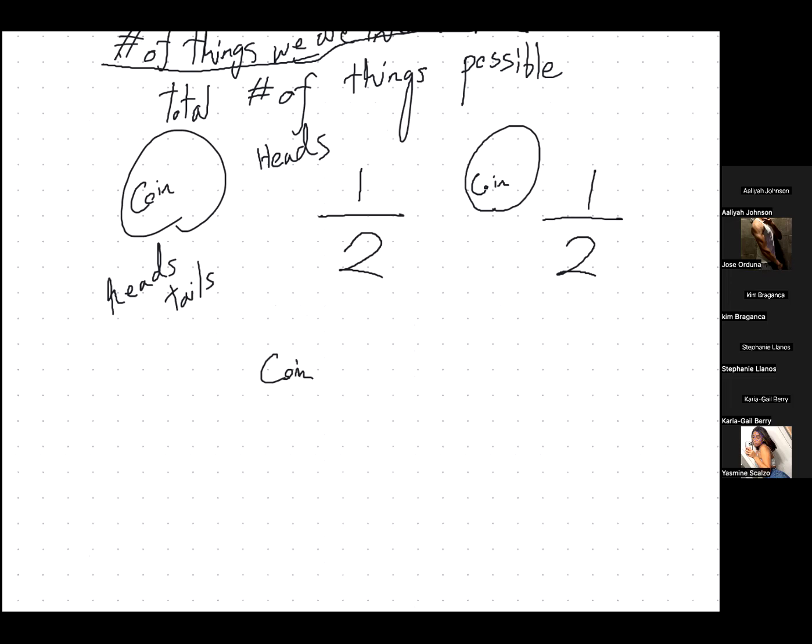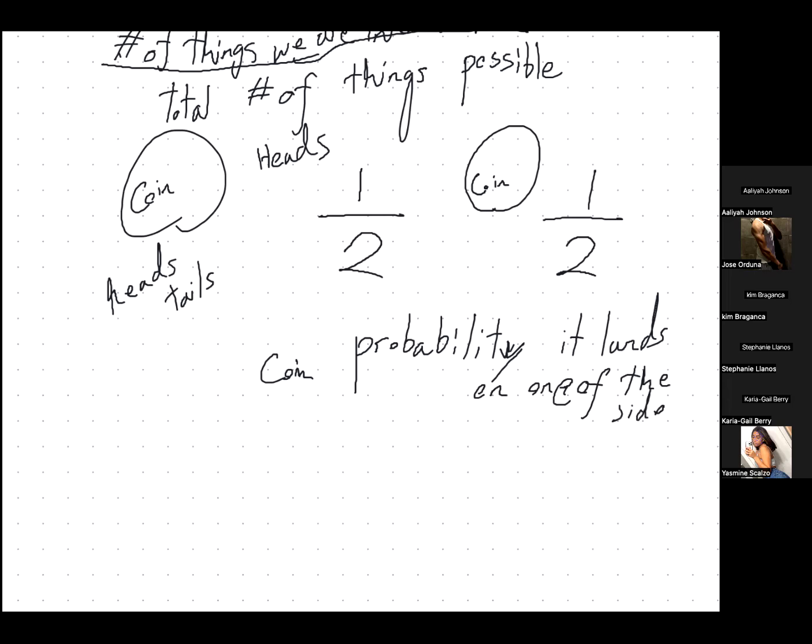Now let's say we have a coin. What's the probability it lands on one of the sides?